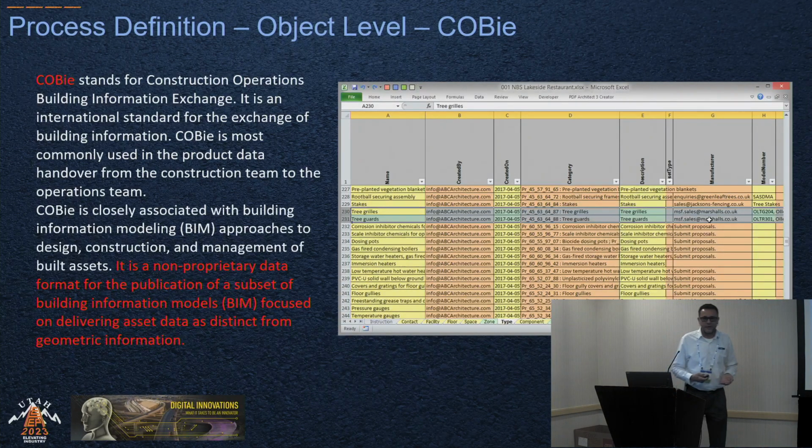Who's familiar with Kobe? You guys utilize Kobe? Okay. Again, another lesson learned from the vertical world. It's a non-proprietary semantic data set used in construction. So the constructor is actually taking data and inputting data from their processes into that digital twin.